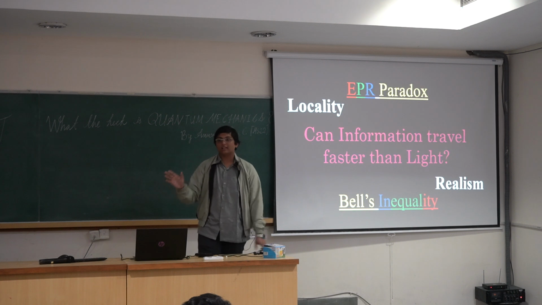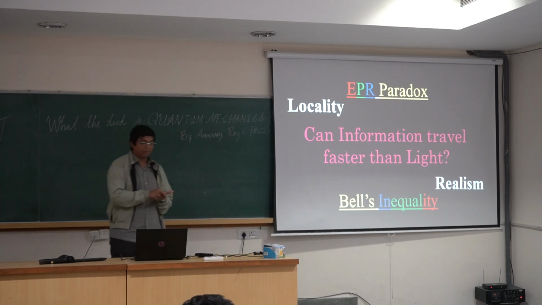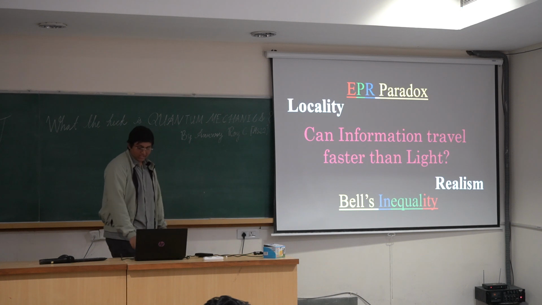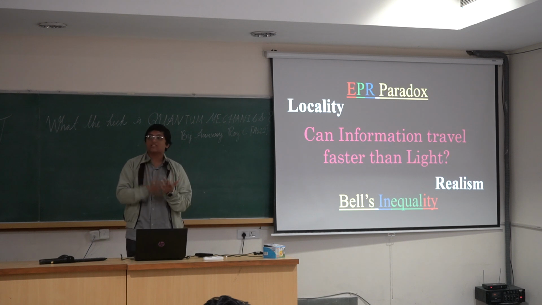Bell was actually correct, and Bell laid the foundation of quantum information and quantum computing, using entanglement for an absolutely new world. Yeah, so I would really advise you to go to your room, read about the EPR paradox, read about Bell's inequality, read about CHSH.